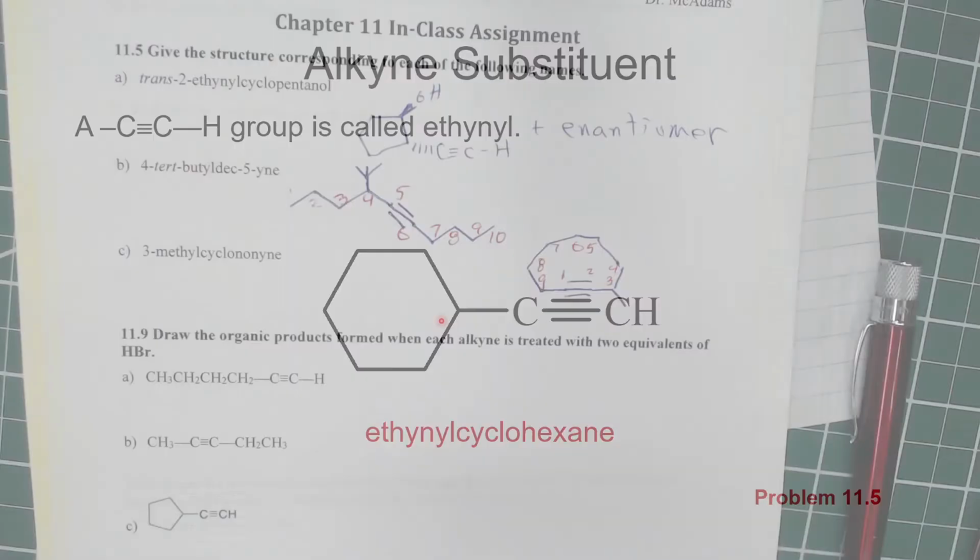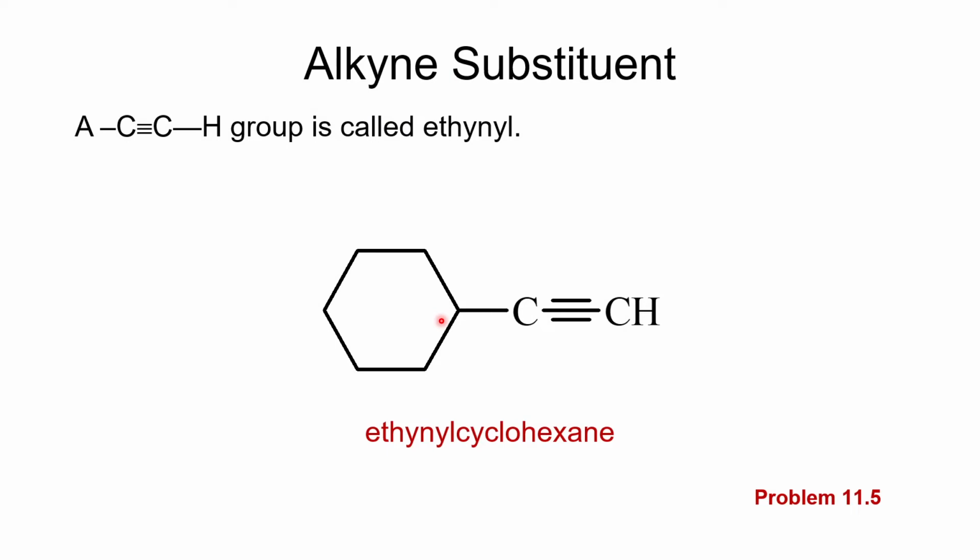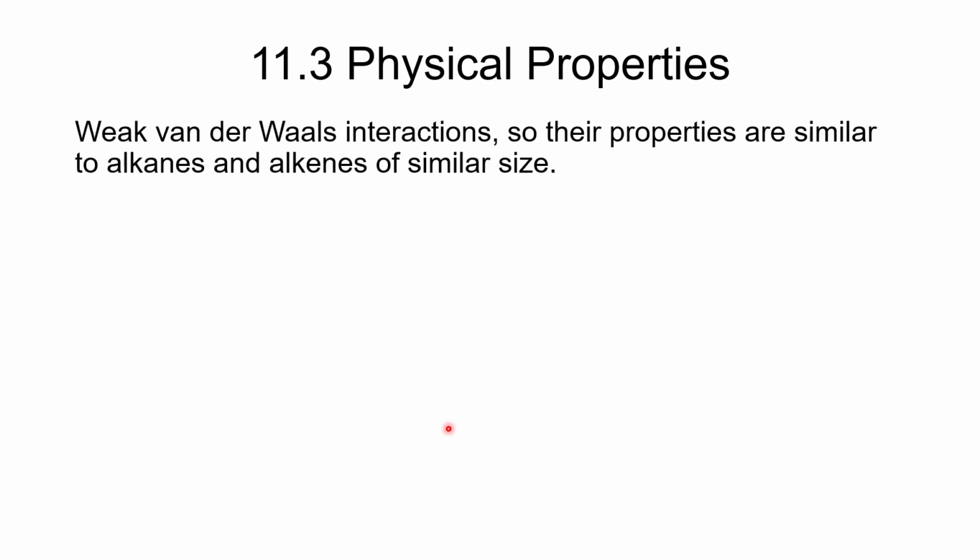All right, let's go back to our presentation. And we're now looking at the physical properties. So we're going to talk some about the physical properties and ways that you make it and things like that. So we'll do physical properties first in section 3.